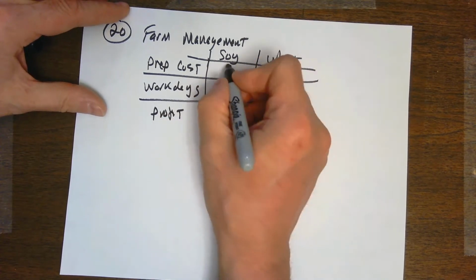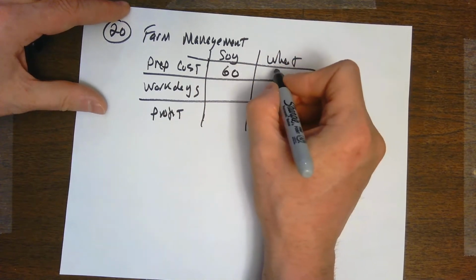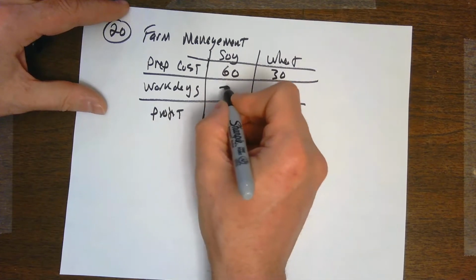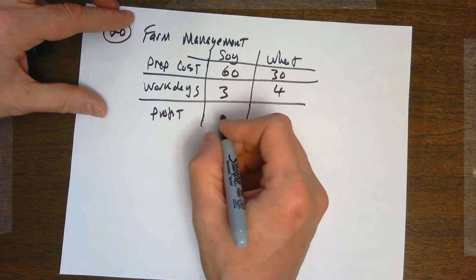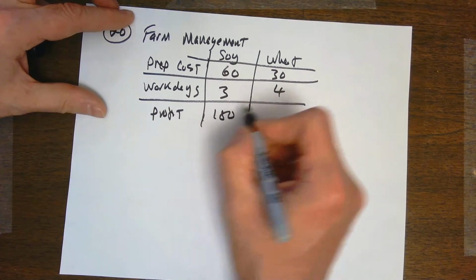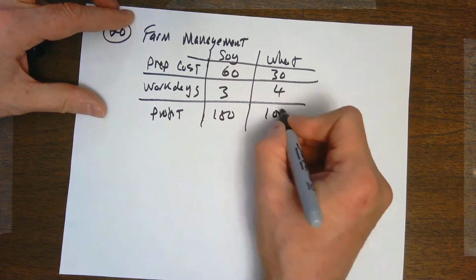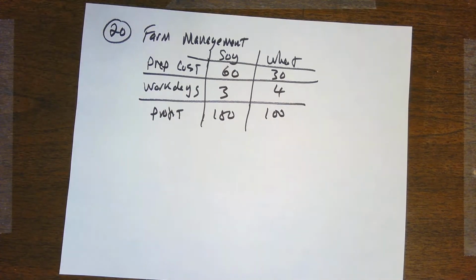The prep cost is $60 for soybeans, $30 for wheat. The work days is 3 days for soybeans, 4 days for wheat, and the profit per acre is $180 for soybeans and $100 for wheat.